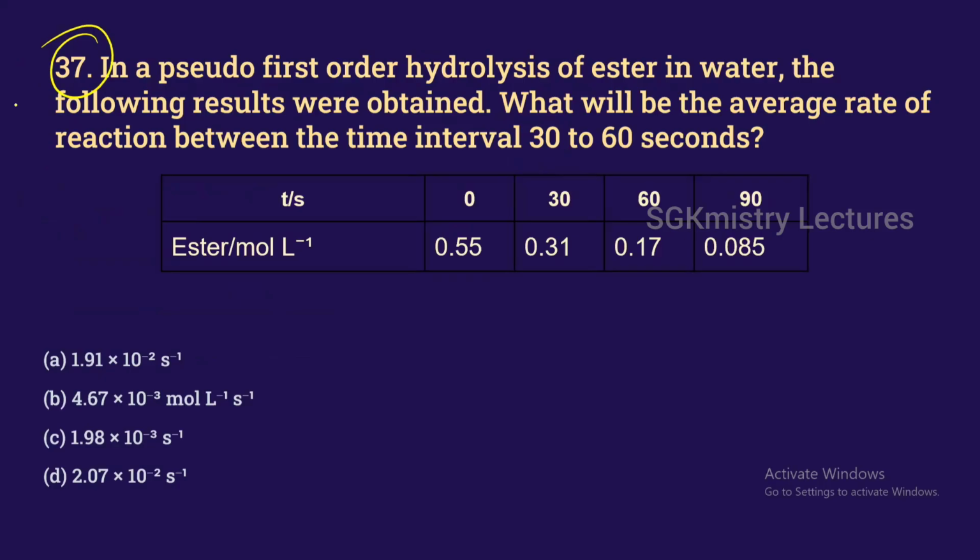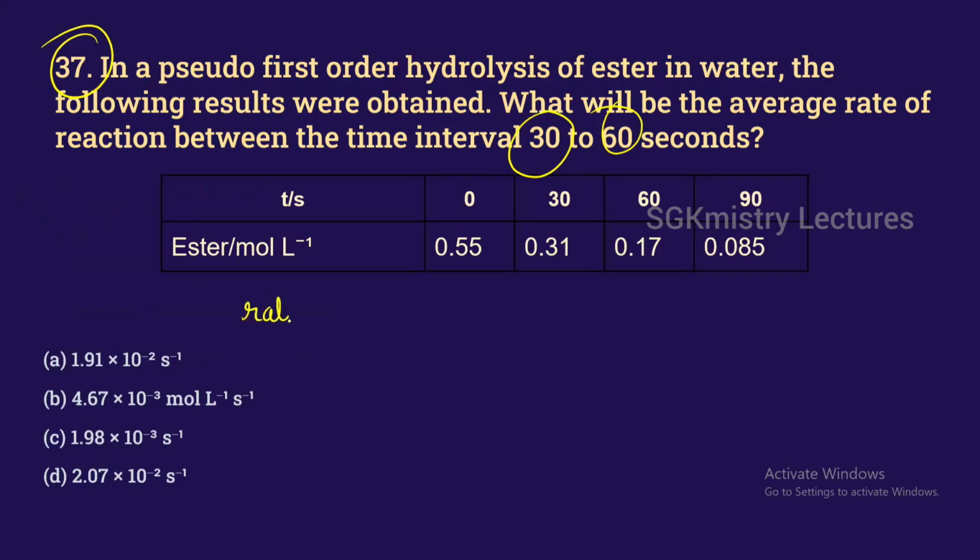Next, question number 37. In a pseudo first order hydrolysis of ester in water, the following results were obtained. What will be the average rate of reaction between time interval 30 to 60? Again, very simple. Pseudo unimolecular reaction, so that means we are not considering the concentration of water. We are only considering the concentration of ester.